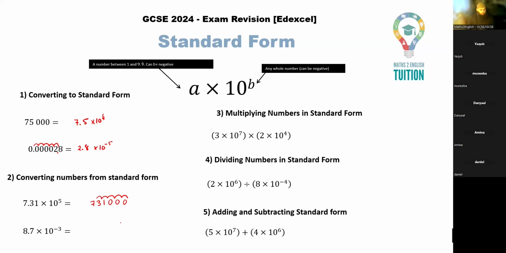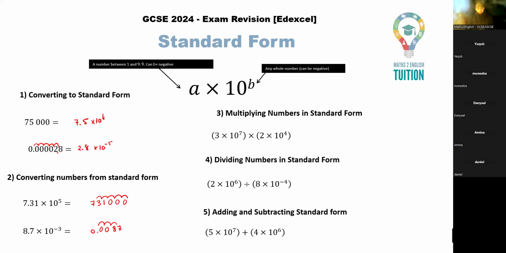Next one over here, again I write the 8 and 7, and it is jumping to become a smaller number, okay? So it's going to jump to the left, so I'm going to expect a decimal. It's going to jump 1, 2, and 3. That's where the decimal is. I'm going to fill the remaining spaces with zeros. That's going to be 0.0087.